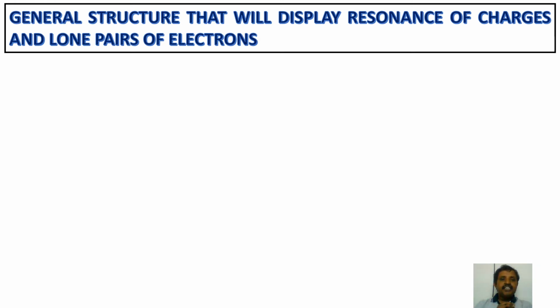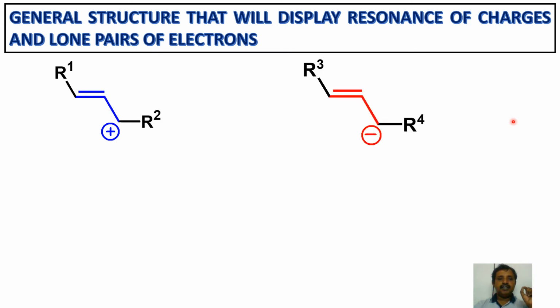Now, general structures that display the resonance of charges and lone pairs of electrons. Always we have to consider that only electronic movement is taking place. Let us take two examples. Here the double bond is moving towards a positive charge.